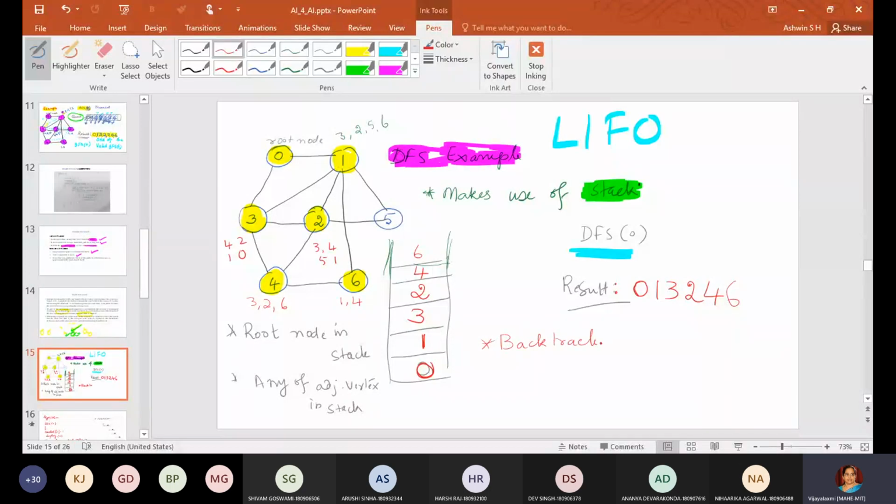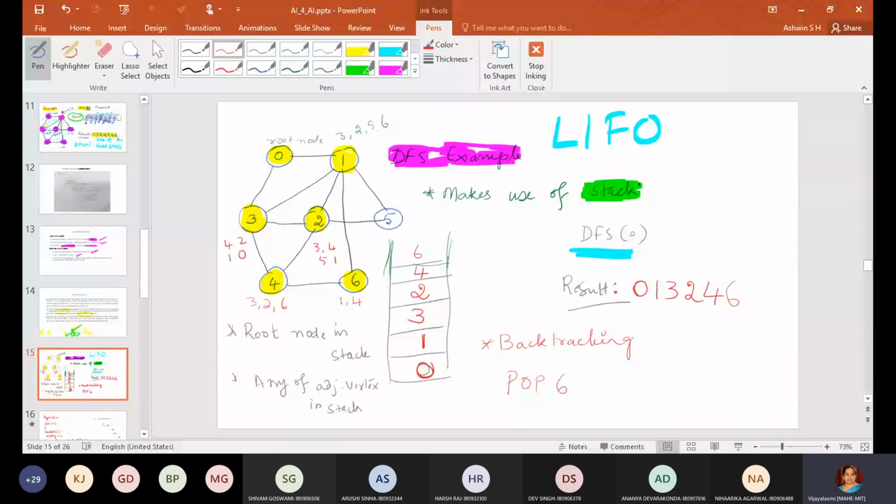Why do we have to do backtracking? We have to see if, by going one step back, there is any possible way to traverse to another node so that we can have the DFS of 0 complete. So go one step down, which means you have to pop 6.